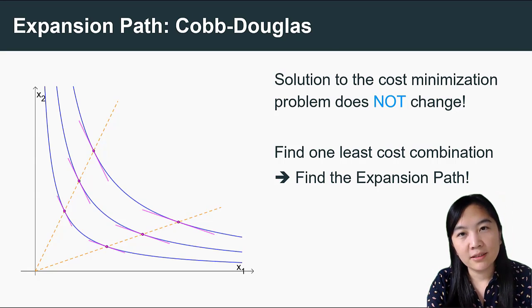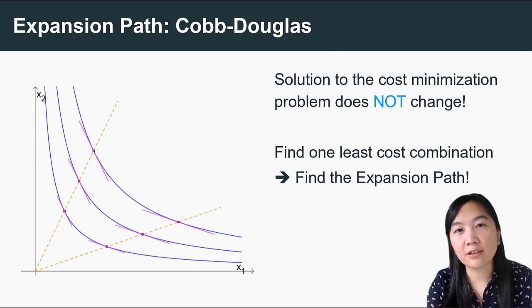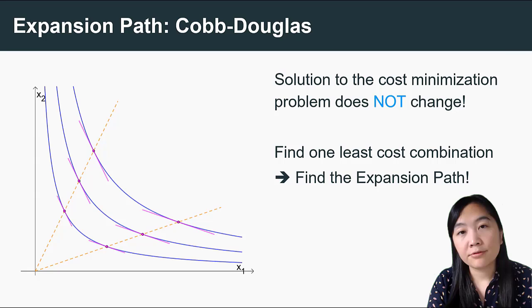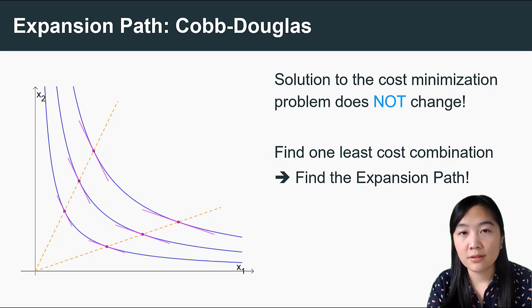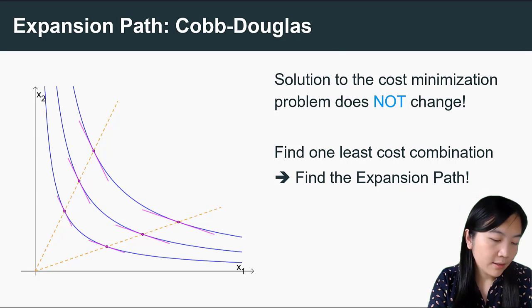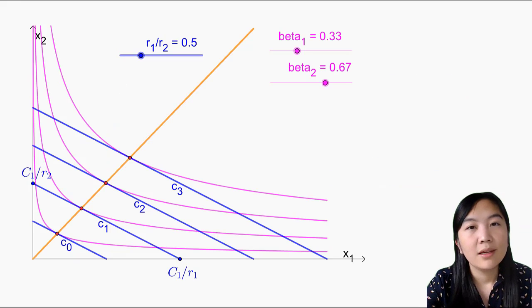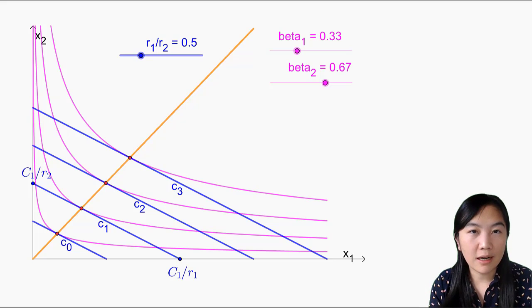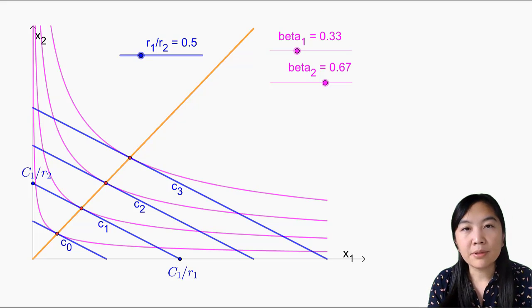And if you find one least cost combination for a particular output level, then you find the expansion path, because the expansion path for a Cobb-Douglas function, as you can probably think, is a straight line. So this is the expansion path for the example that we use for the Cobb-Douglas function.